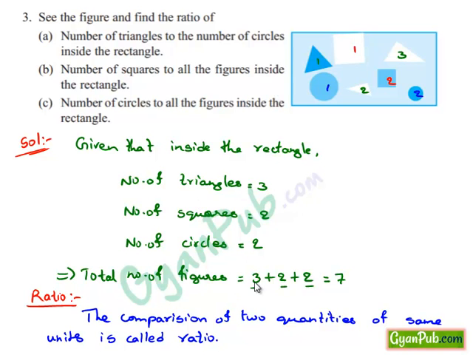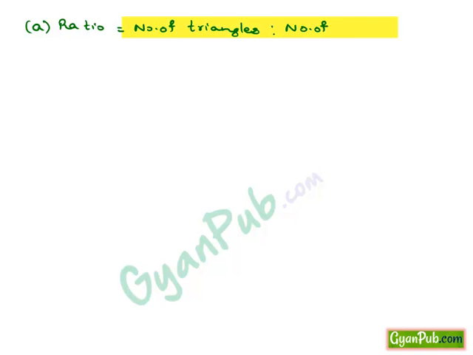So take down the first one, that is ratio is equal to number of triangles to number of circles, which is equal to number of triangles are 3 is to number of circles are 2.